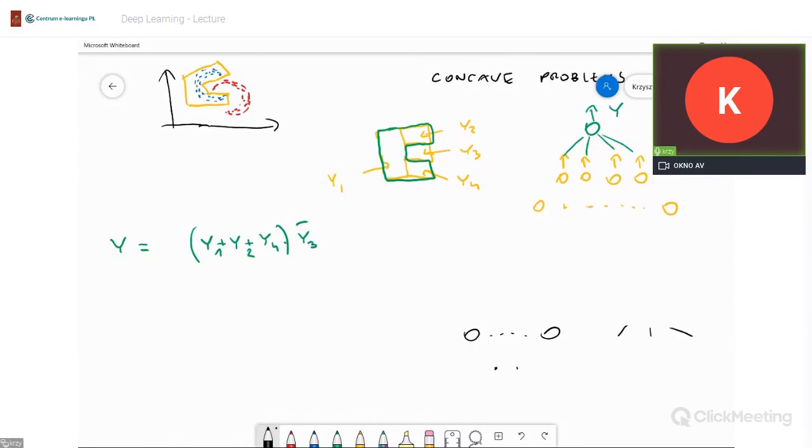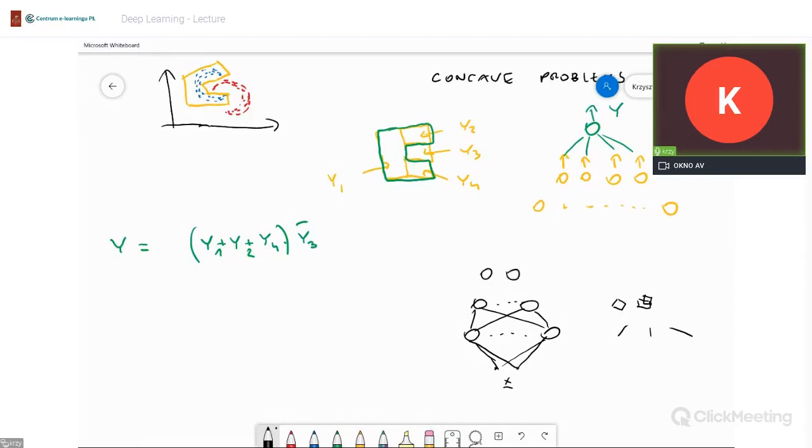Next, I have second layer neurons, and they find different convex regions. These convex regions can, for example, overlap.